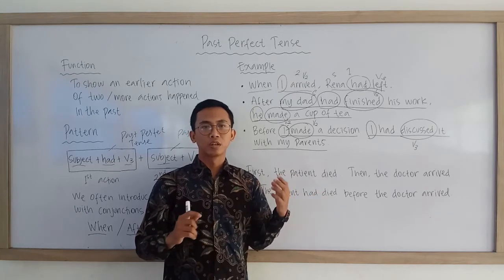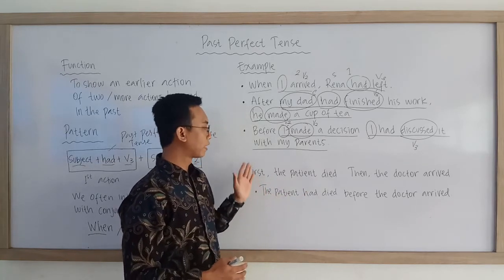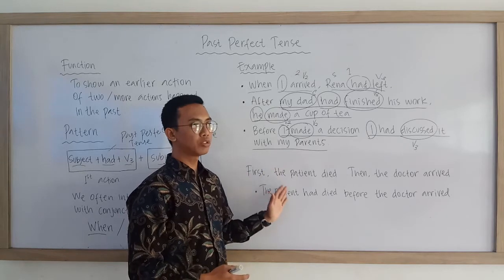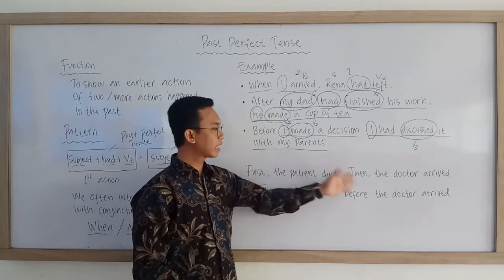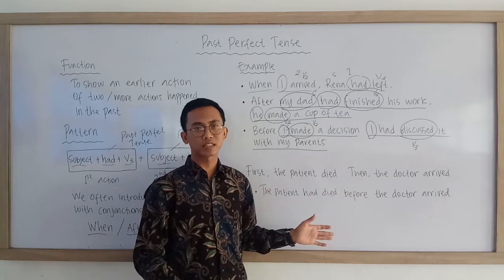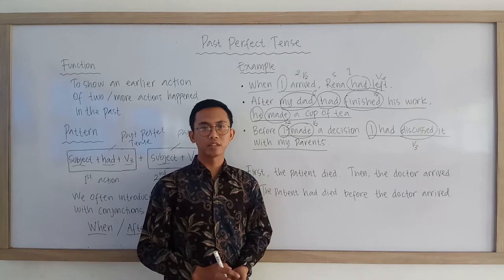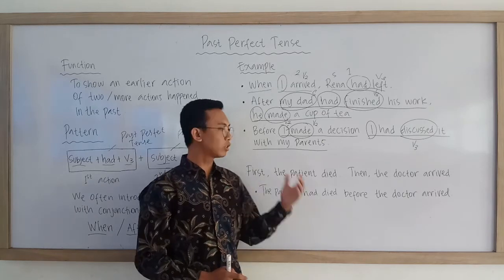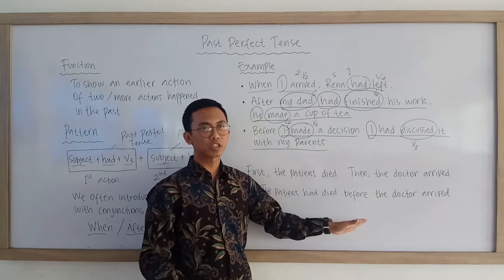Why do we need to make it different? The first action we need to use past perfect. The second action we need to use past tense. It's to avoid ambiguity, to indicate which one is the first action and which one is the second action.